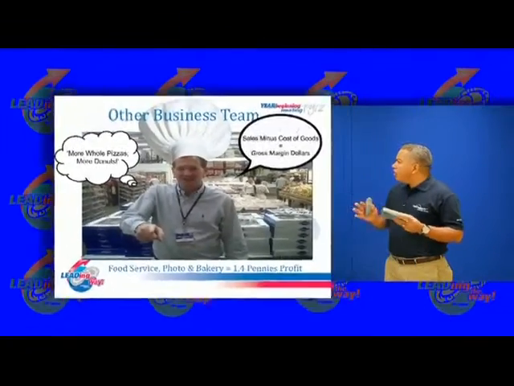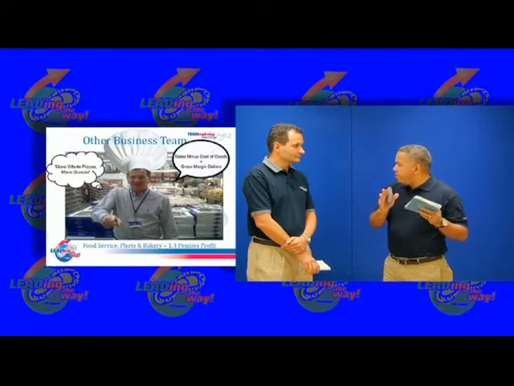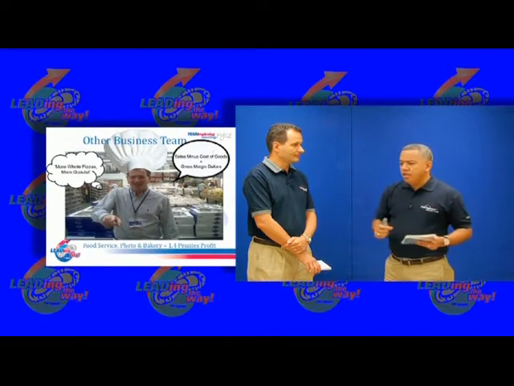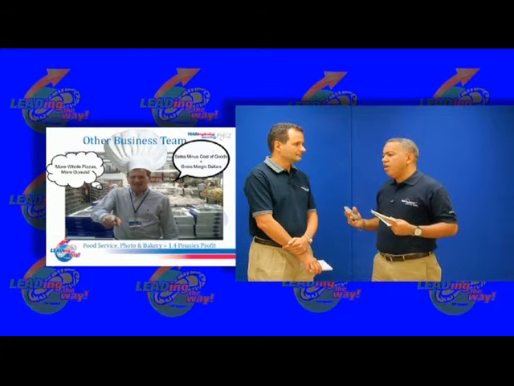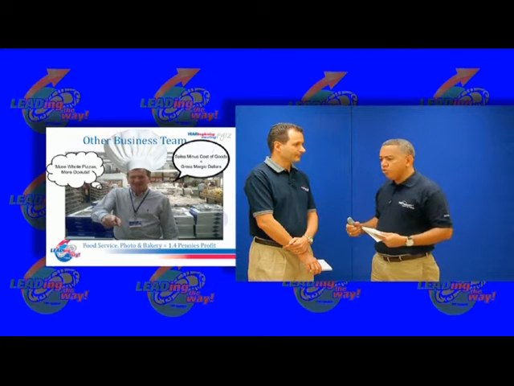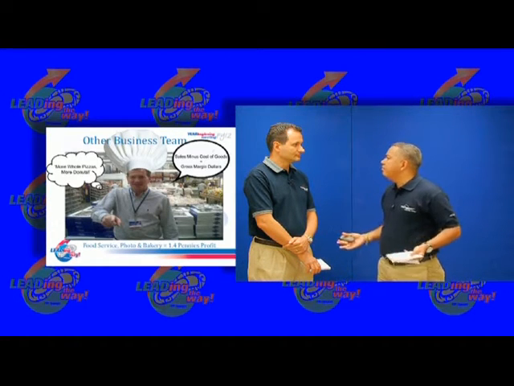Okay, but why do we take these other business departments and separate them out on the P&L? Well, that's a very good question, Ben, because it's very simple. As you know, our business is not that complicated. They have their own cost of goods by department. They also have their own inventory. They also have their own P&L.